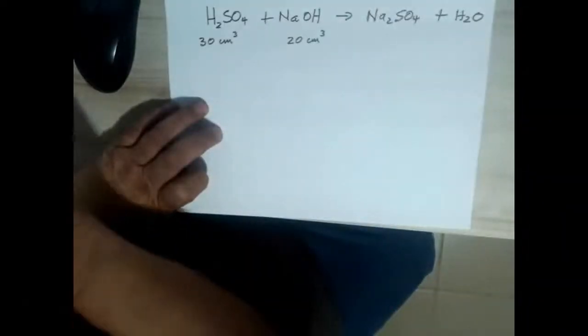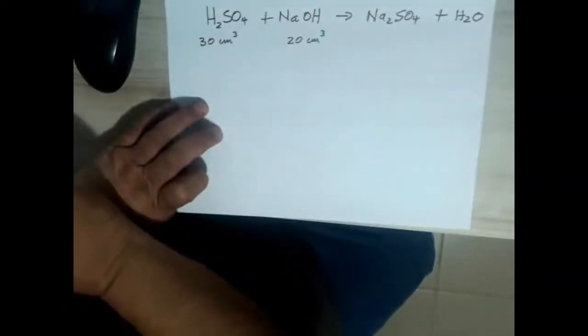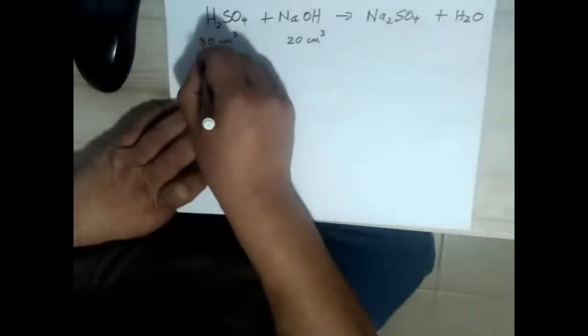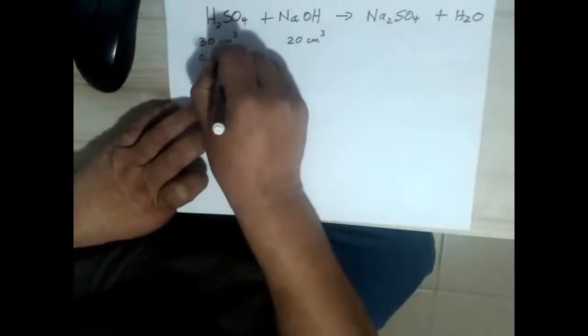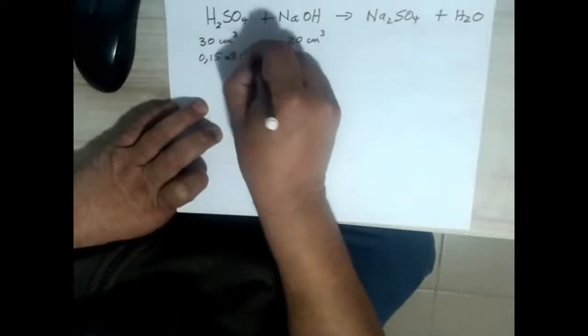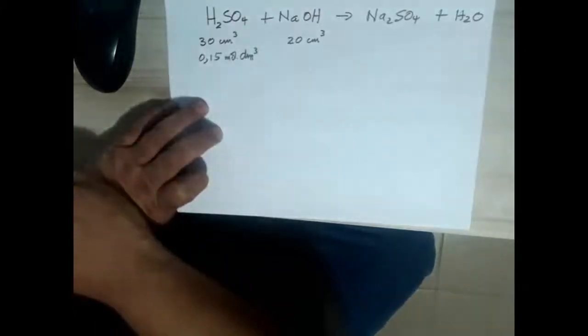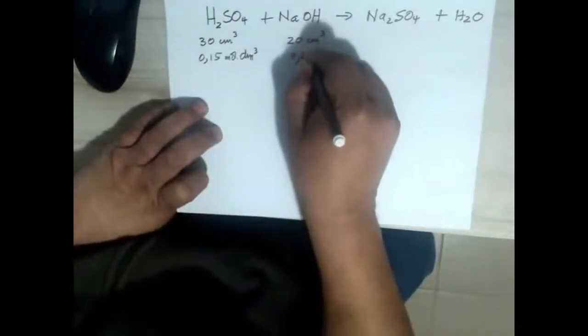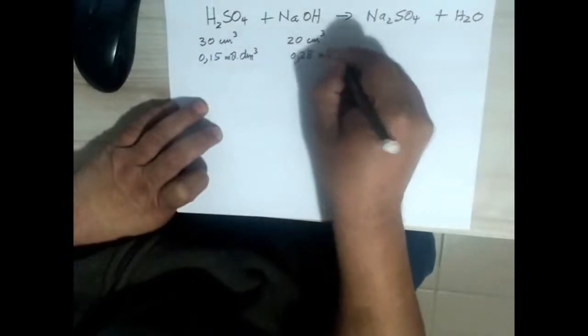It's the same sulfuric acid, so the concentration is 0.15 moles per decimeter cubed. And the concentration of the sodium hydroxide is 0.28 moles per decimeter cubed.